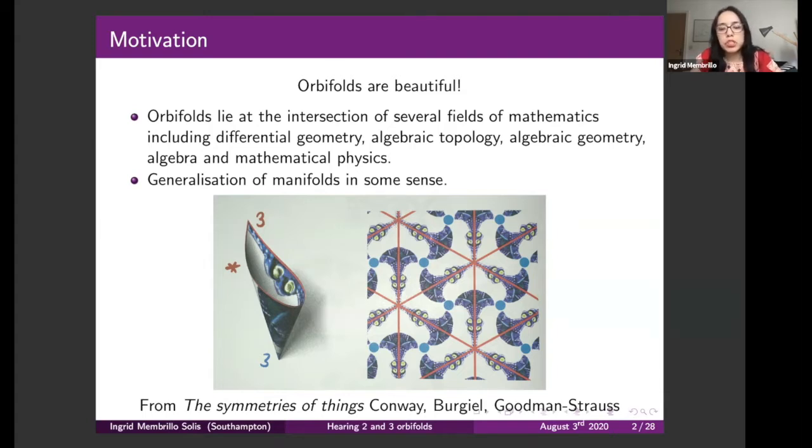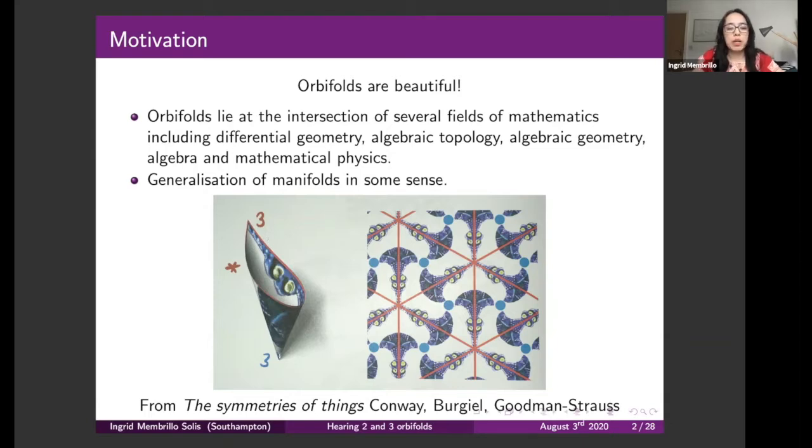If we quotient this wallpaper by the group of its symmetries, then what we obtain is this orbifold, which captures the symmetries that we can see in this beautiful wallpaper. Here we can think of orbifolds as generalizations of manifolds with some singularity.